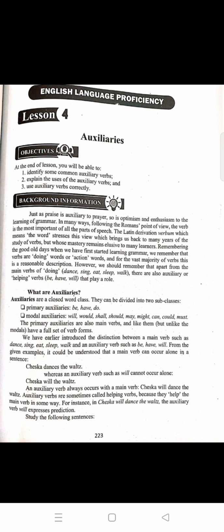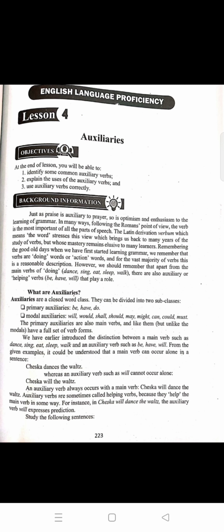Auxiliaries are a closed word class. They can be divided into two subclasses. We have the primary auxiliaries and the modal auxiliaries. Under primary auxiliaries, we have be, have, and do. The be verbs, the have verbs, and the do verbs. On the side of modal auxiliaries, we have will, would, shall, should, may, might, can, could, must, and others.